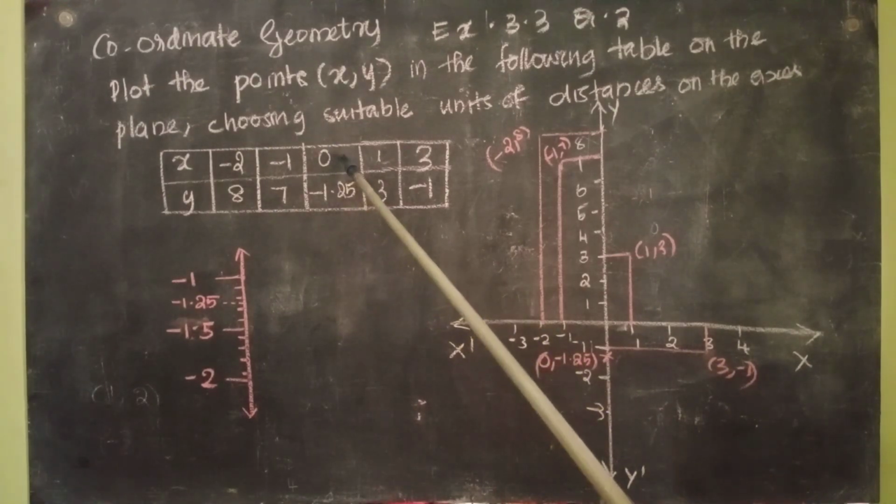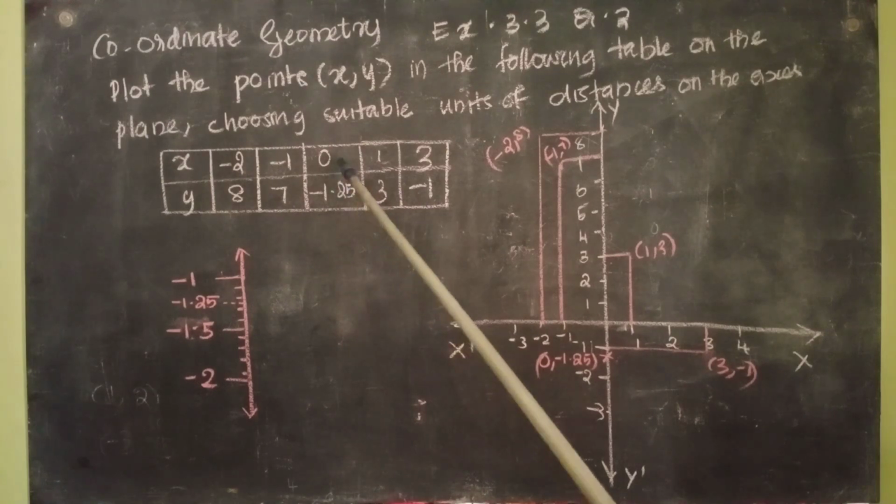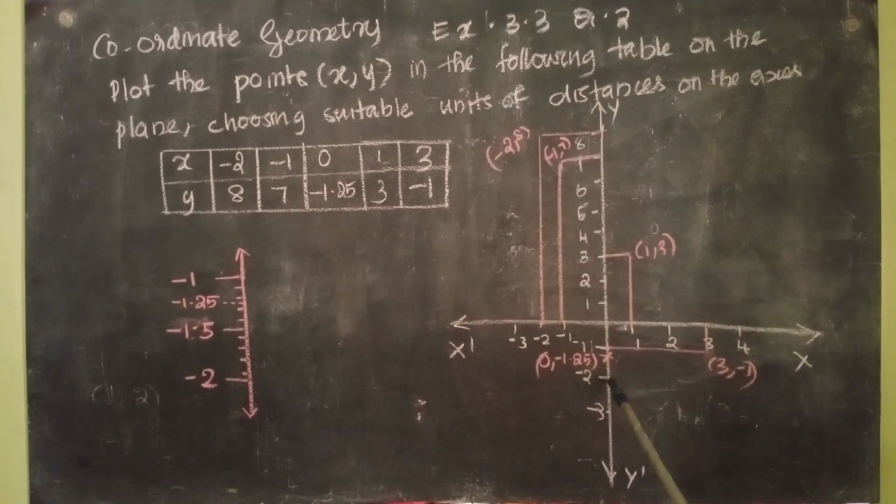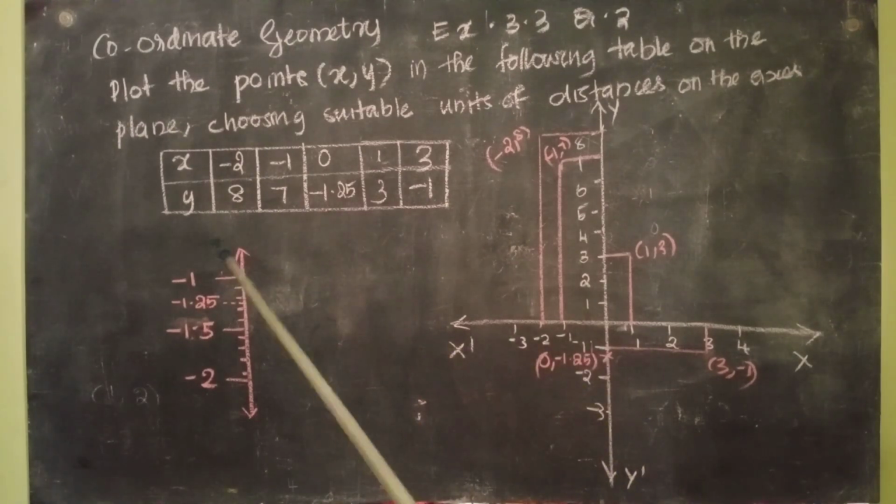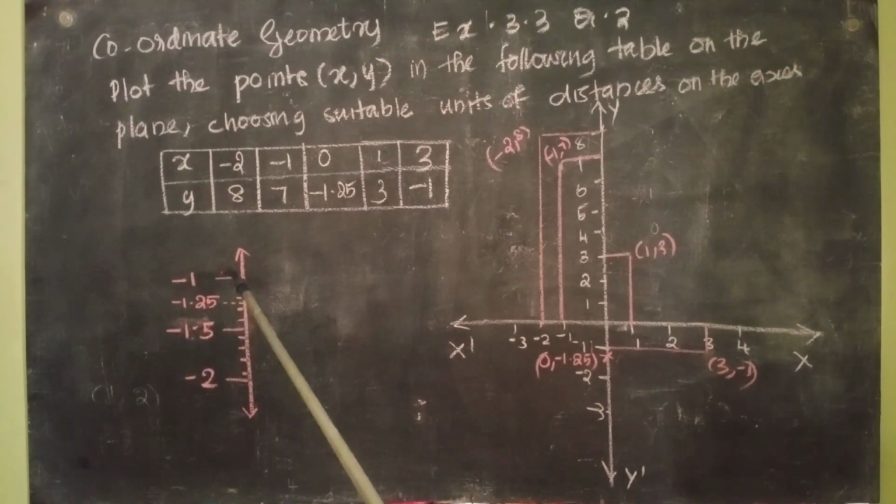Now our third point, 0, minus 1.25. X coordinate is 0. So it is on the y-axis. This is our y-axis. You know this is minus 1. Minus 1.25 is a little down after minus 1. I have drawn an exaggerated picture of it. You can see here, this is minus 1, this is minus 2.